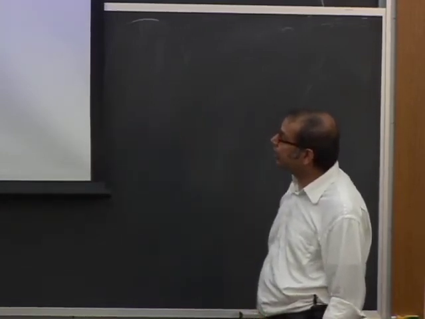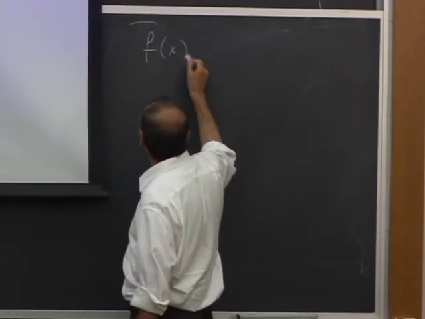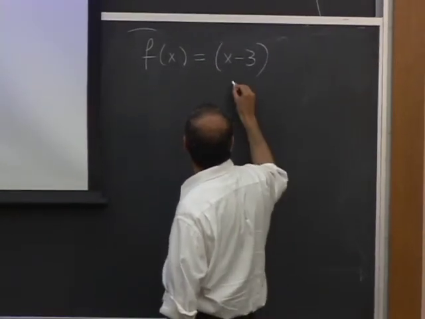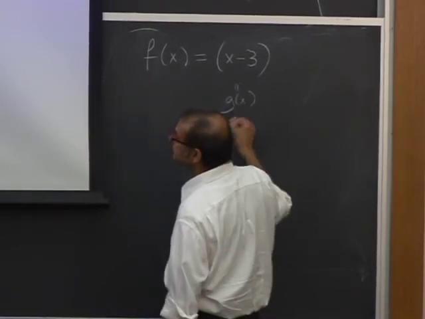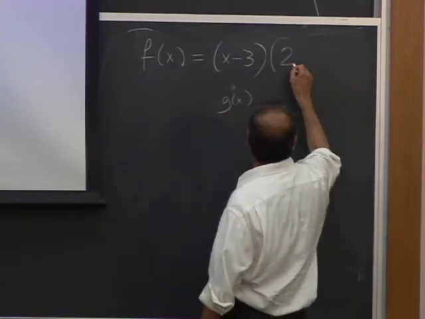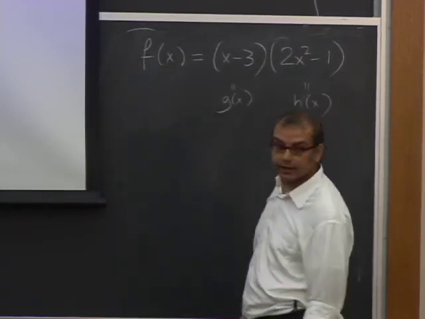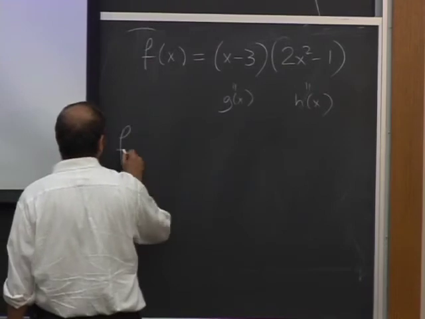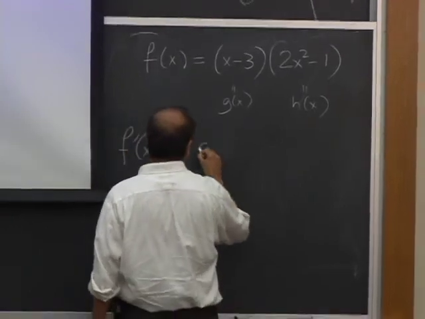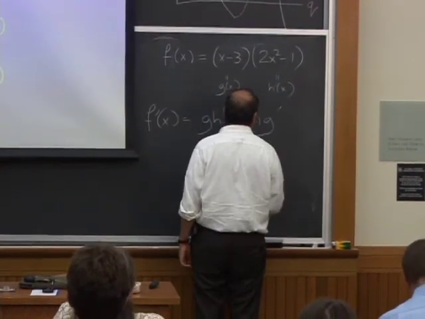So you've got f prime x is really equal to, in this case, the product of two functions. This is g of x, and this is h of x. Okay, so I simply substitute my rule. I know that that is g times h prime plus h times g prime.